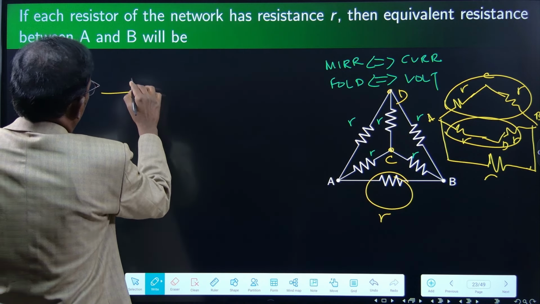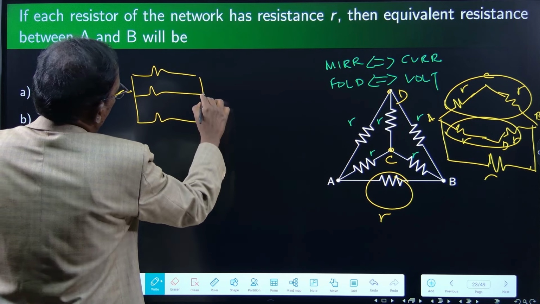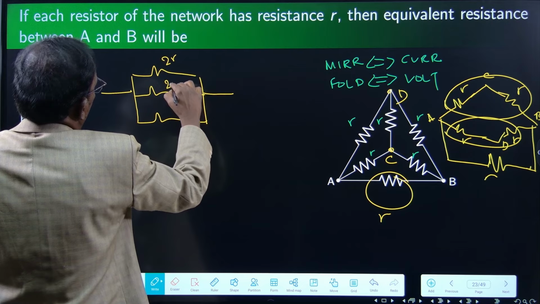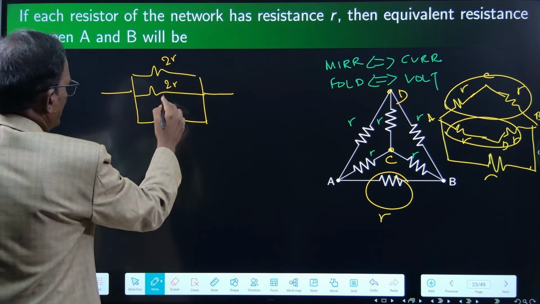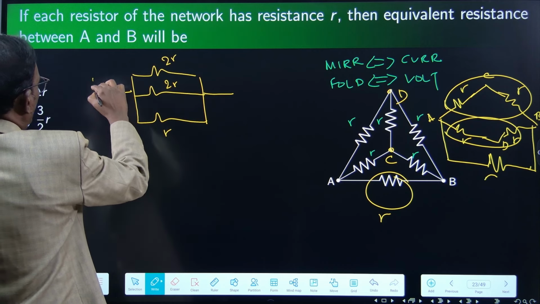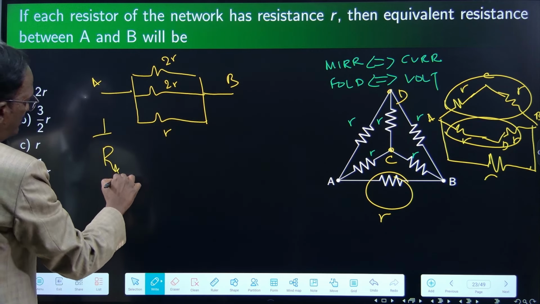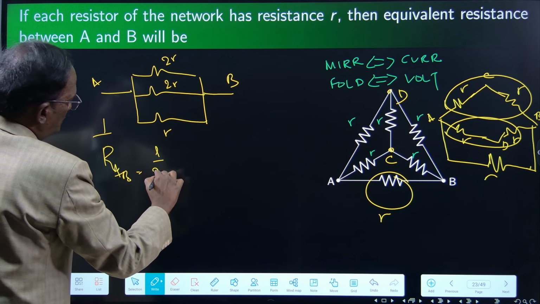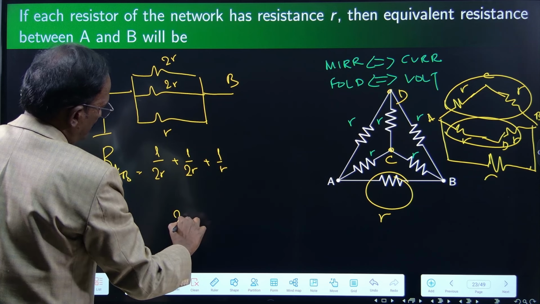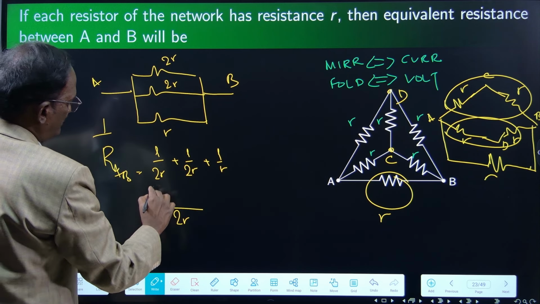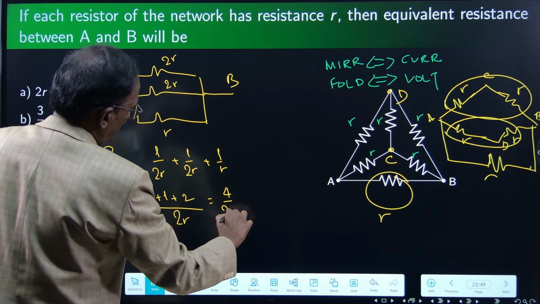So actually between A and B, 3 resistors are now available. This 2R and 2R come from the Wheatstone bridge concept, and this is the R between A and B. So 1 by R_AB is equal to 1 by 2R plus 1 by 2R plus 1 by R. Taking 2R as LCM, 1 plus 1 plus 2, 4 by 2R.